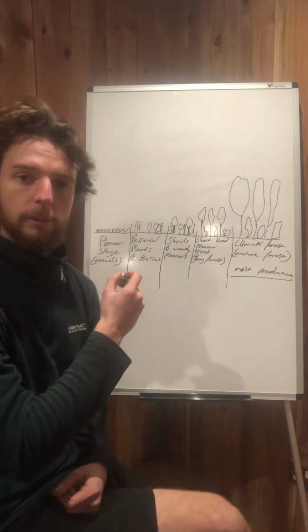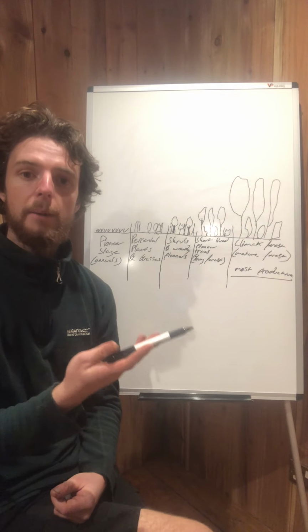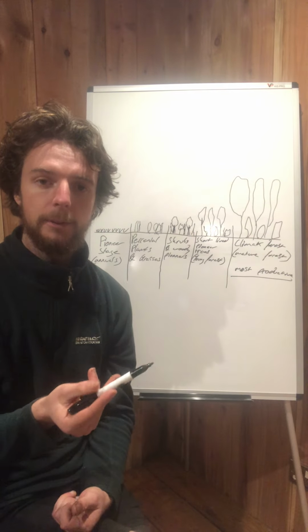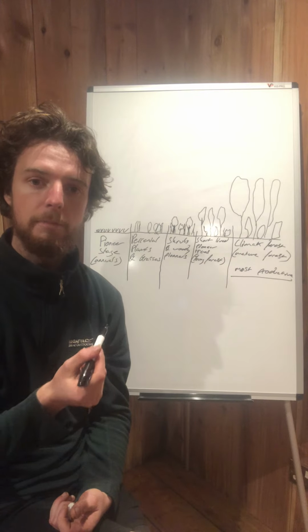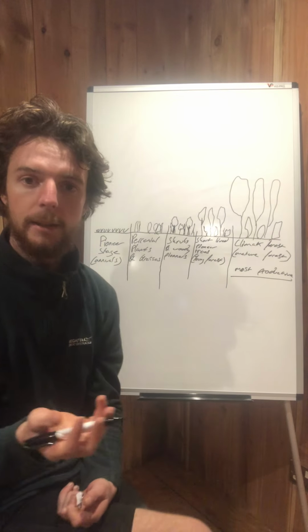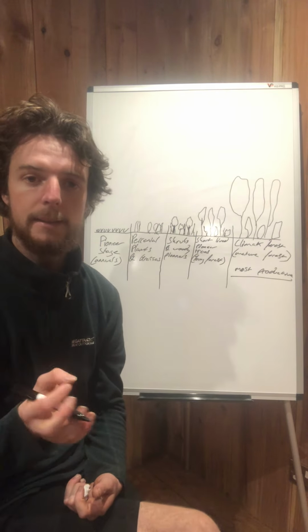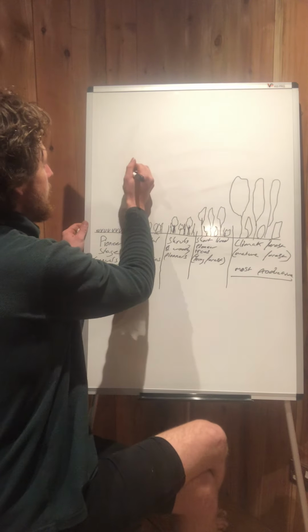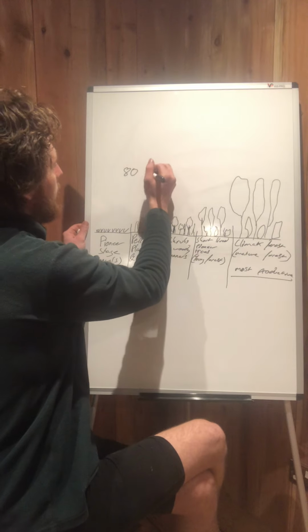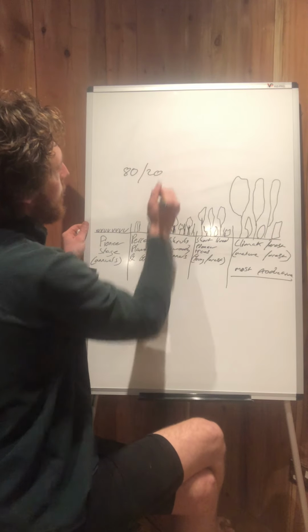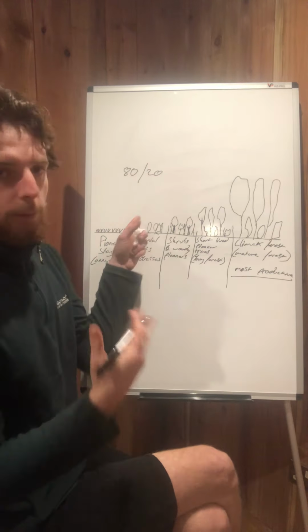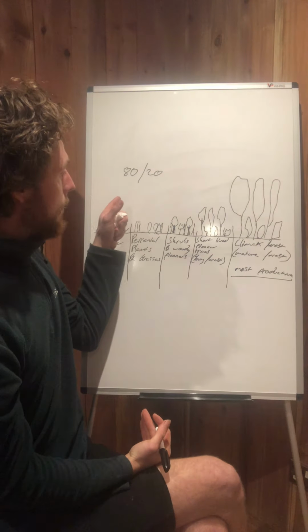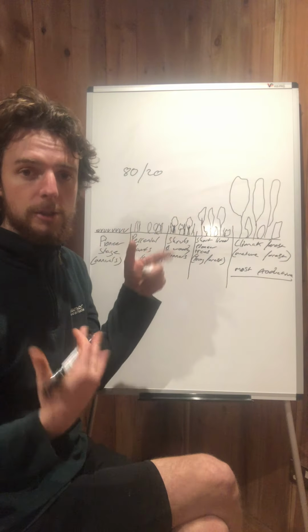So what I'm going to speak to you now about is the 80-20 principle, and you might have heard this in a lot of business scenarios. I personally learned it from business, but exactly the same applies to permaculture. So 80-20, and it applies to all life. In this scenario, we're talking about effort and results.